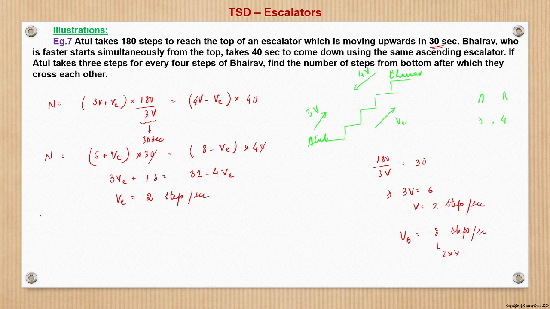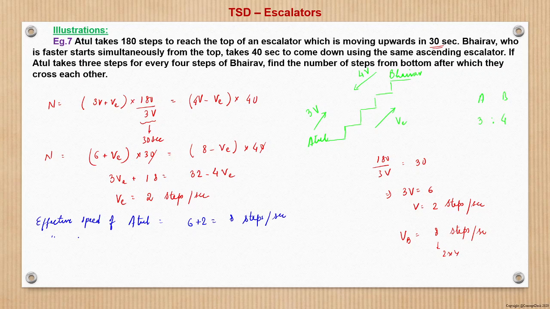So what is the effective speed of Atul? 3v plus ve, that is 6 plus 2, which is 8 steps per second.